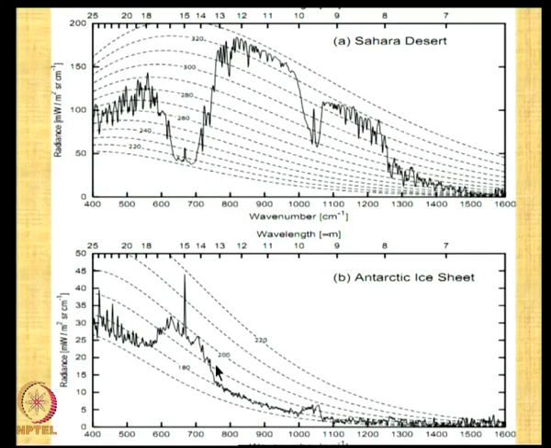Now, this is a very surprising result, and it only gives you a hint that in Antarctica there is a very strong low level inversion, and hence when you sense this region through the absorbed band of water vapor, you are sensing the emission not from the surface, but from a certain height, and if there is inversion, that height will have high temperature and hence will have high radiance.